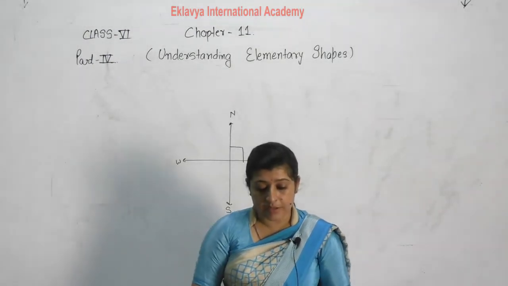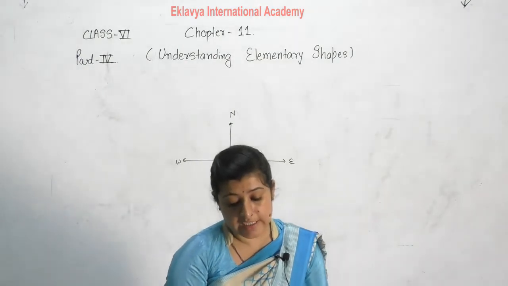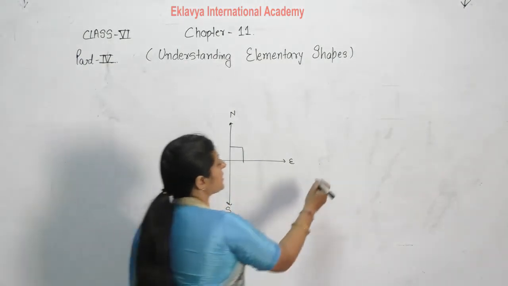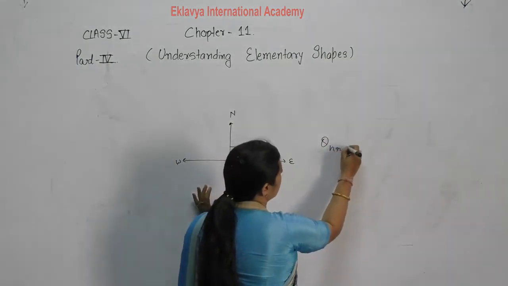What is the angle between the hands of the clock at 6 o'clock? There is no need to always make a diagram for it.